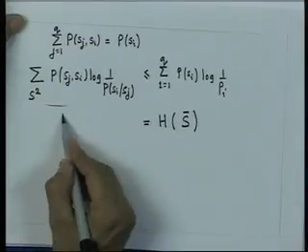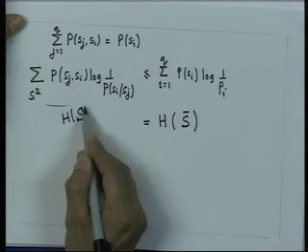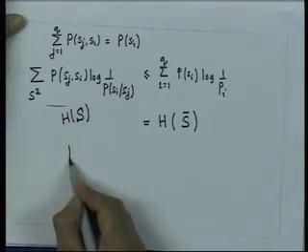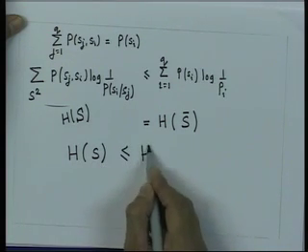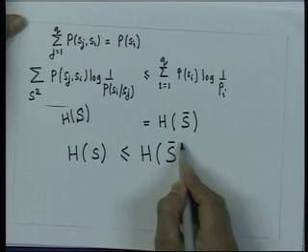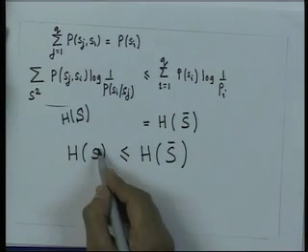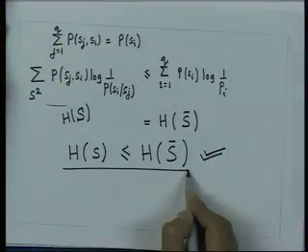So, this expression is nothing but entropy of the Markov source. So, from this relationship we get H of S is less than or equal to H of S bar. We have shown this for a first order Markov source, but this is also valid in general for any order Markov source.